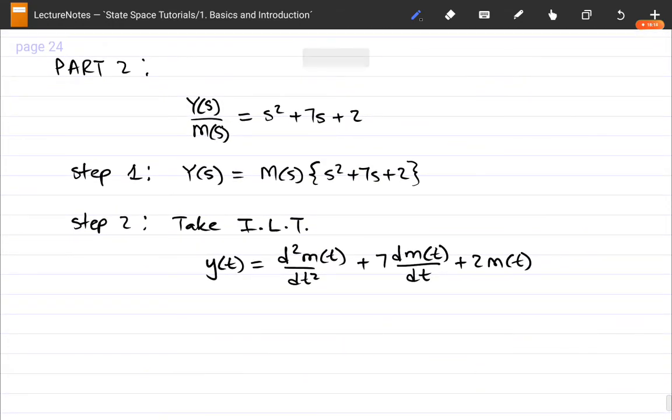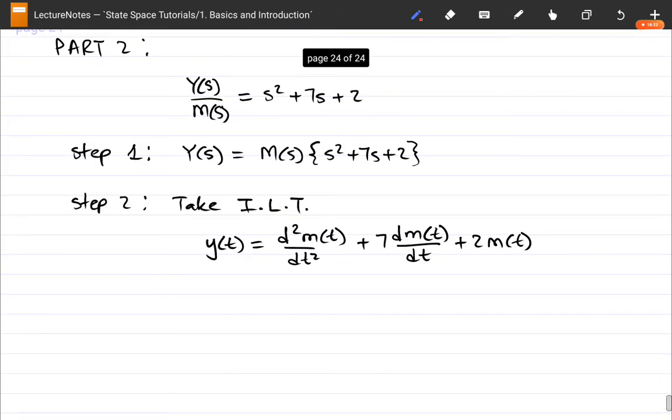Okay. What does this mean? Well, before we can go to step 3, let's look at this equation here. It's a differential equation, but what does it mean exactly? Do you notice that we don't have the output here, we don't have the input here, and we don't exactly have our dynamic vectors.